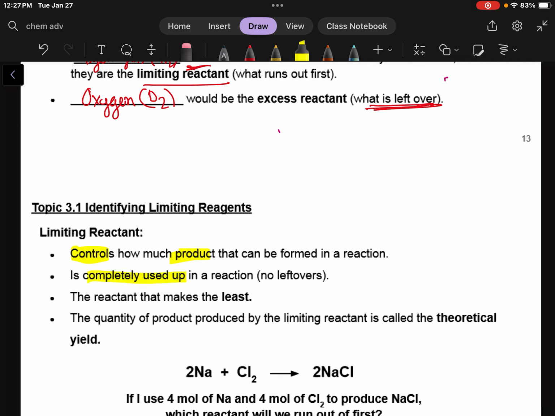It is completely used up and always gives the least amount of product, and we will call that least amount of product the theoretical yield. The abbreviation we are going to use throughout: limiting reactant, we will write LR. Theoretical yield, we will write TY.